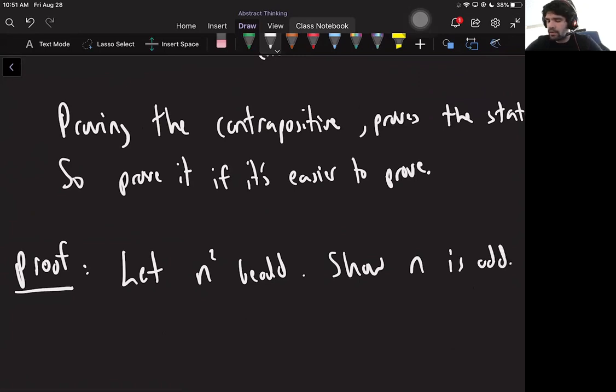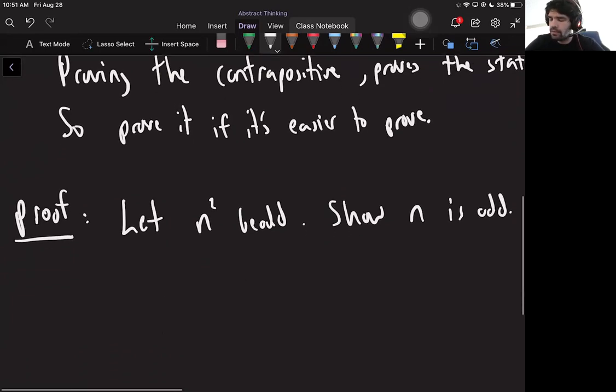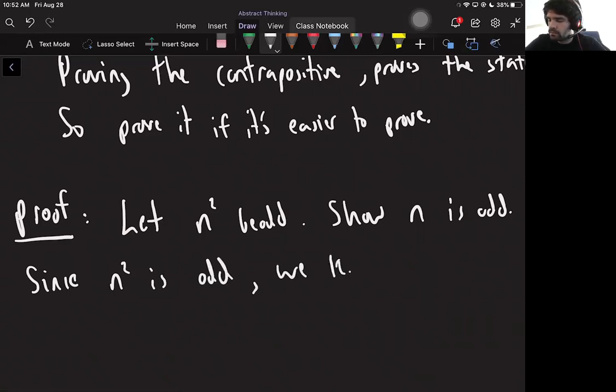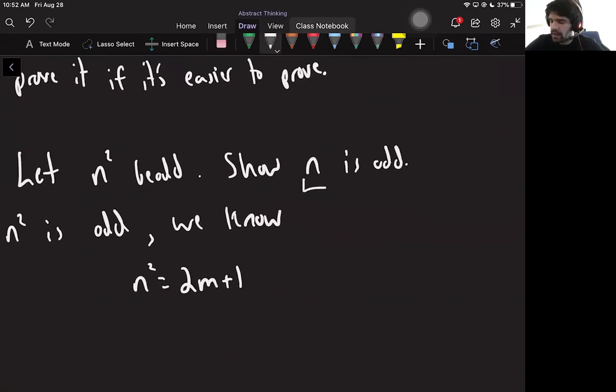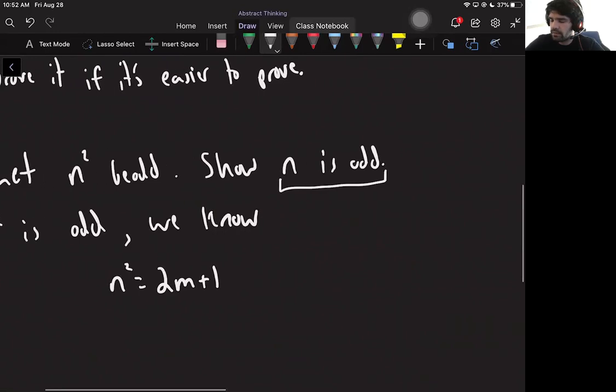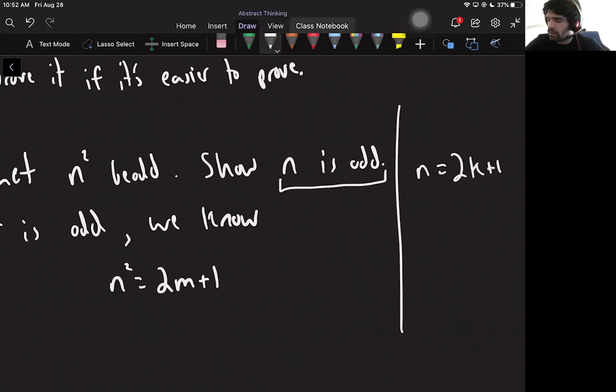And now I'm just doing a direct proof, so all I'm going to do is expand upon what I know. So since n squared is odd, what can I do with that? I can say that n squared equals 2 times some number plus 1. But then, how do I get to n being odd? That's very hard, because I would have to eventually get to n being equal to 2 times something else plus 1.